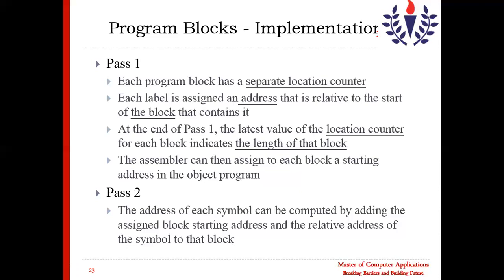If my block is starting at 101 and the symbol is at 107, the symbol address should be relative to the program. Inside that program, what is the address of that symbol? Accordingly we will add it to our actual block address, and we will find the absolute address.